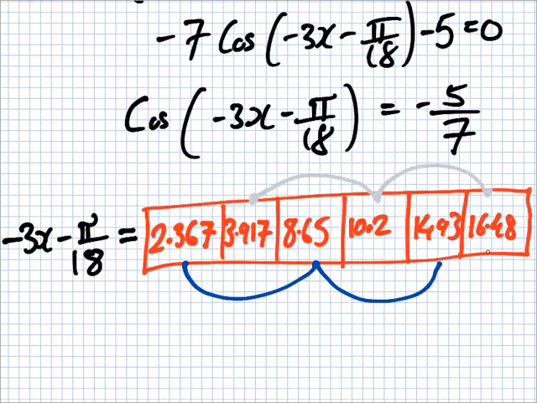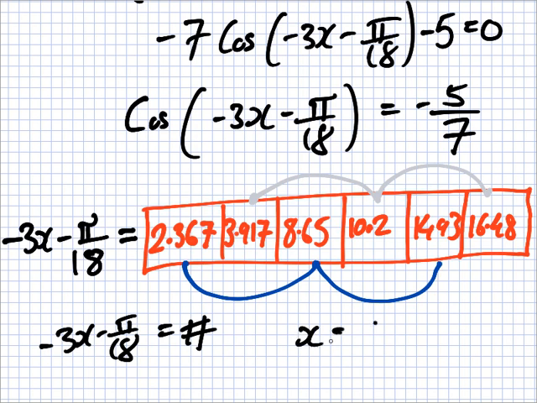Now, those answers aren't for x. Those answers are for minus 3x minus pi over 18. Yeah, so if you think about it, if you had minus 3x minus pi over 18 equals a number, and you have 6 numbers here, if you want the x, you would have to say it's the number plus pi over 18 divided by minus 3.